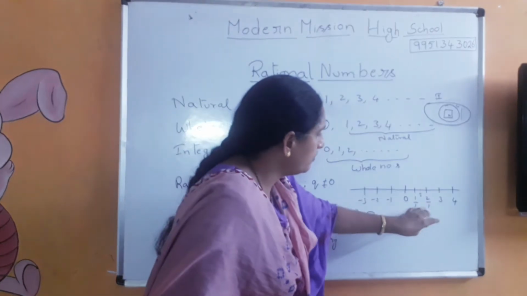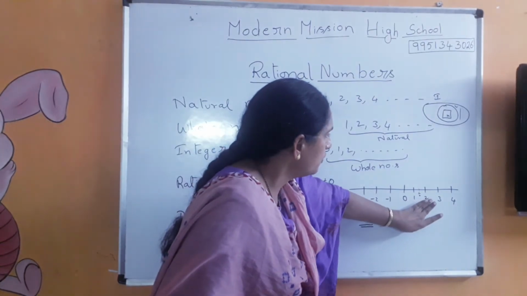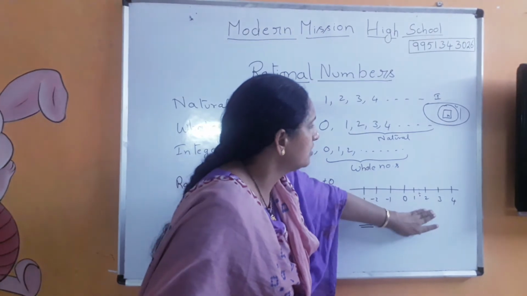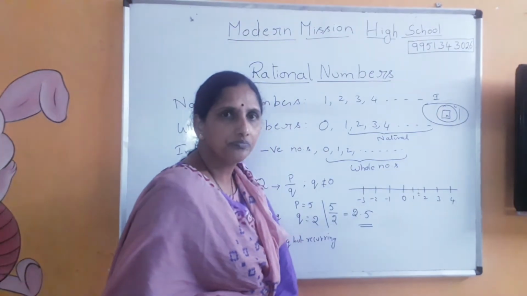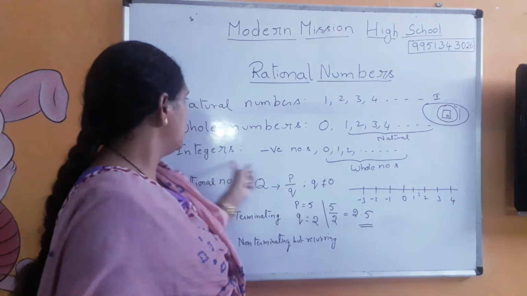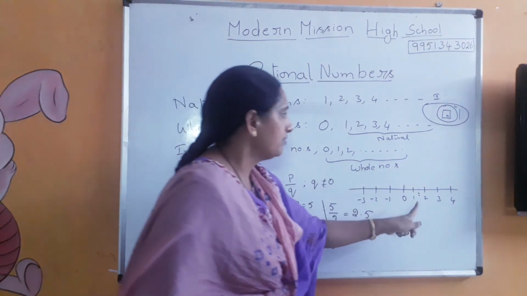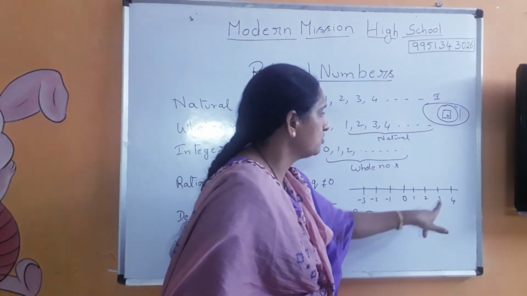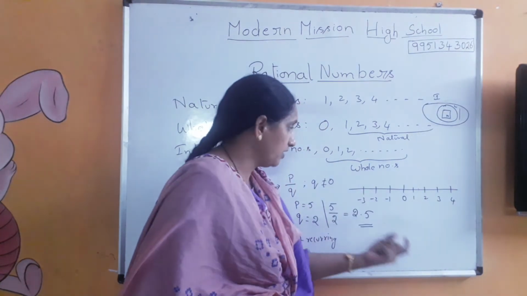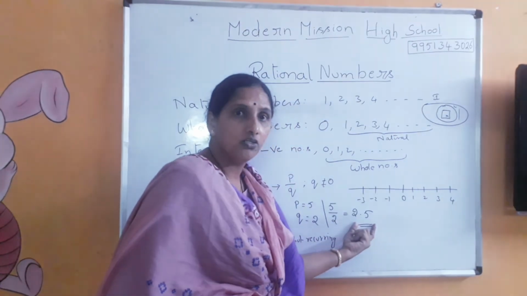Now on the number line, if you observe, what do you have here? After 2 you have just 3. If I limit myself to integers, then I must say that after 2 it is only 3. But you have another value here, 2.5.